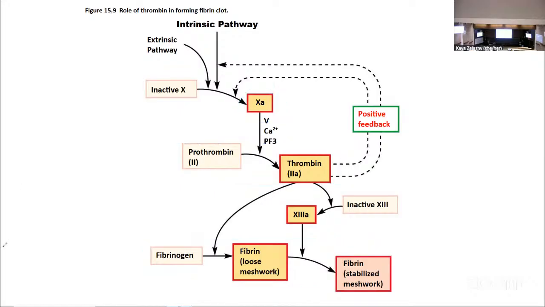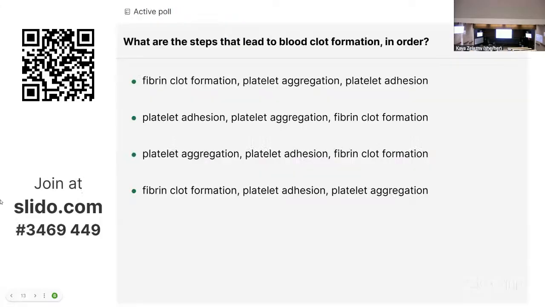But we are going to zoom out some more. Before we do that, let's make sure that we know the order that things have happened so far when we're thinking about those platelets and the fibrin.